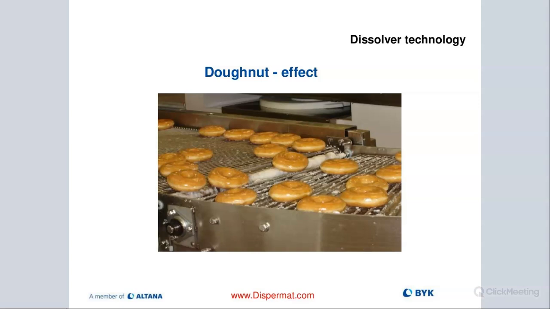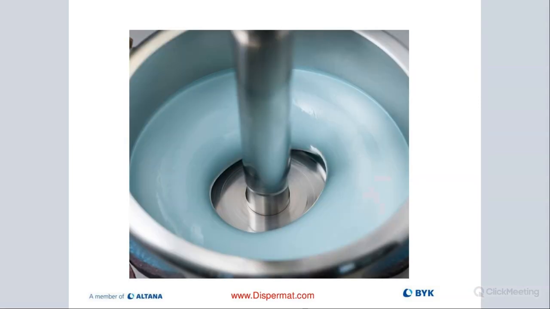So then the visual cue, as I mentioned earlier, is called the donut effect. It's called that because what you should be seeing when you look inside of the container during the dispersion process, if you run between 18 to 25 meters per second, ideally you should see the formation of a donut, and that's where that term comes from.